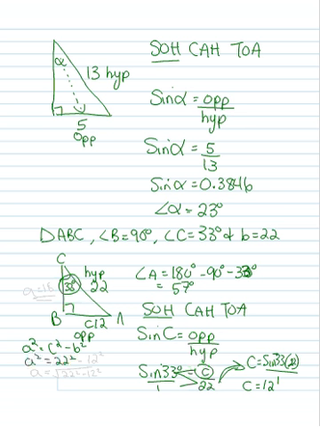And then we're going to end up saying A is equal to the square root of 22 squared minus 12 squared. Hopefully you remember this from grade 9. 22 squared minus 12 squared gives me 340, and then I need to take the square root of that. So A is equal to 18. So now I've solved for the entire triangle.